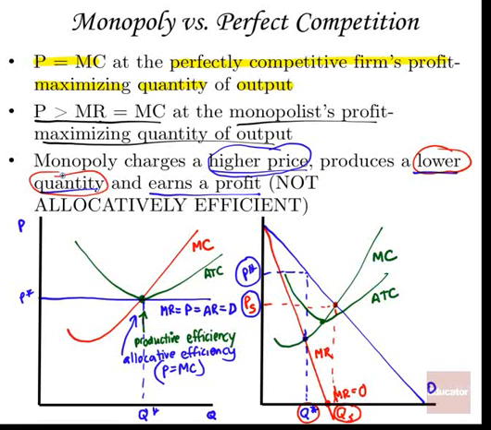Okay. And it earns a profit. So right here, this is the economic profit. Whereas in perfect competition, you see that there is no profit here. So a monopoly is not allocatively efficient.